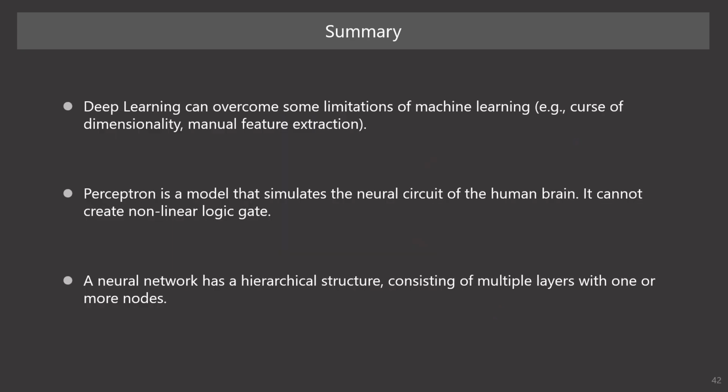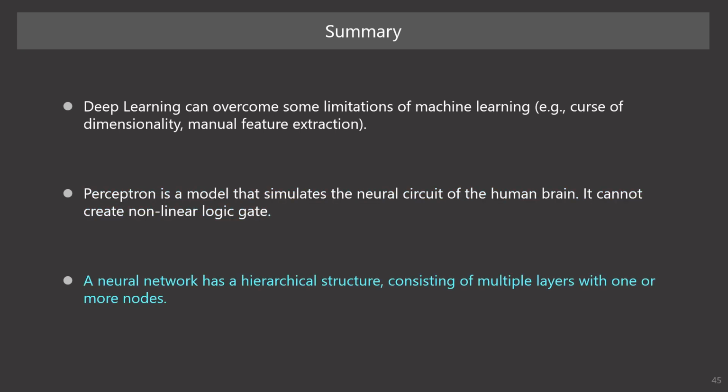Let's summarize the points in this chapter. Deep learning can overcome some limitations of machine learning, such as curse of dimensionality and manual feature extraction. Perceptron is a model that simulates the neural circuit of the human brain. It can classify data linearly, but it cannot create a non-linear logic gate such as exclusive OR gate.